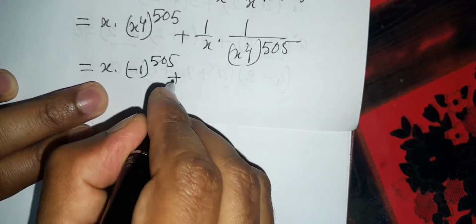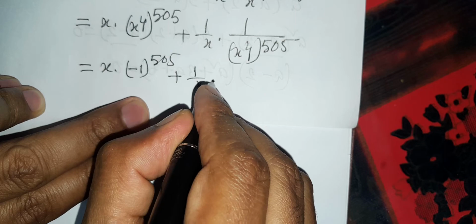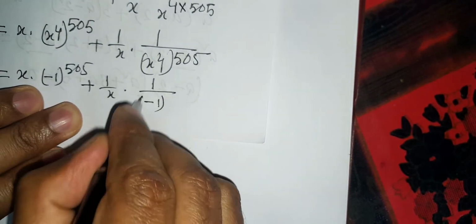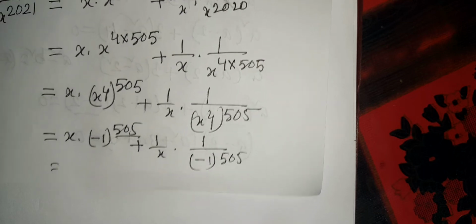all to the power 505. Here we use this, we get x into (minus 1) all to the power 505 plus 1 by x into 1 by (minus 1) all to the power 505. We know that 505 is an odd number.